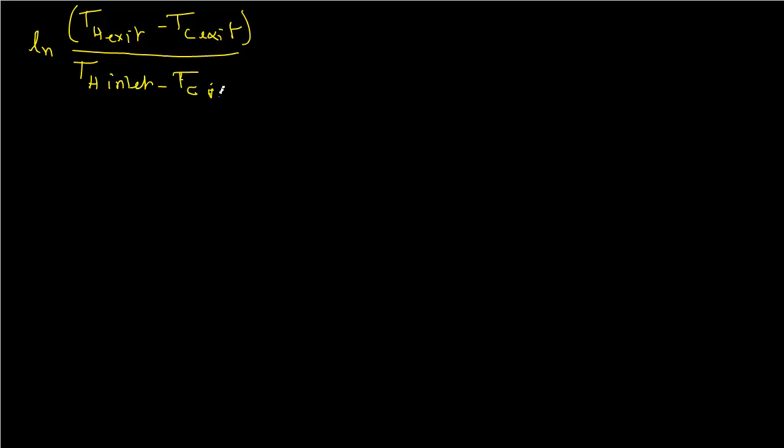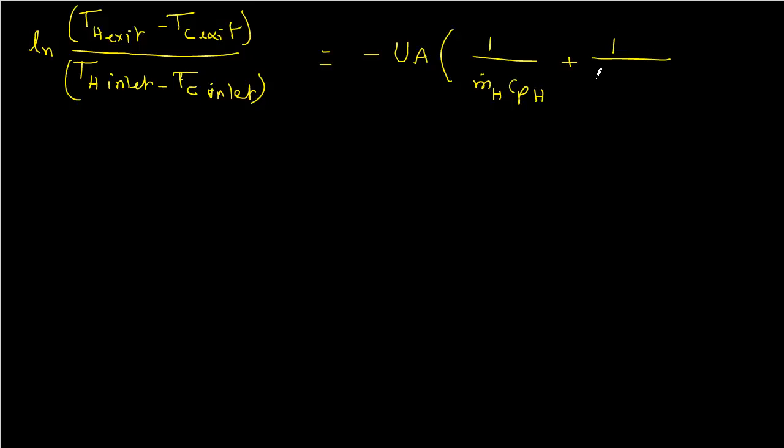So that's for the left hand side written as a ratio. And that of course equals minus UA, and in parentheses 1 over m dot h Cph plus 1 over m dot c Cpc.